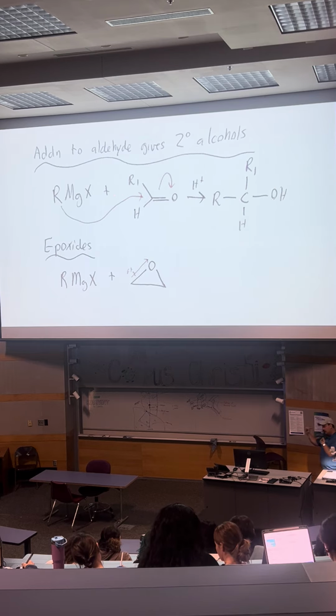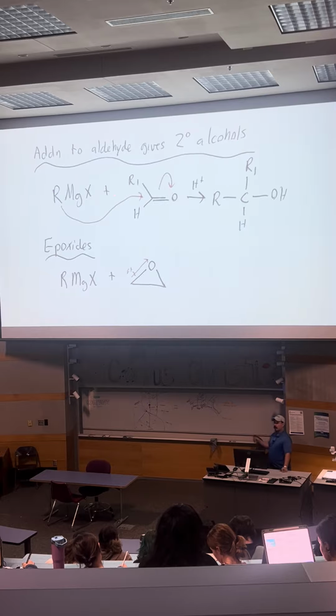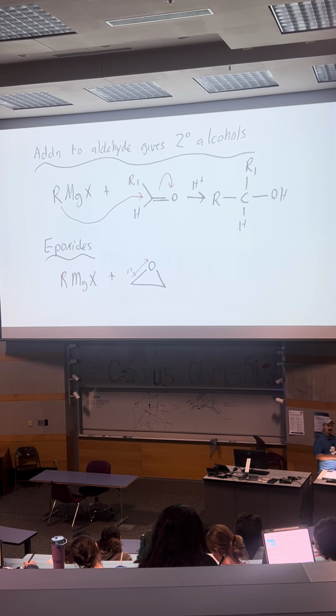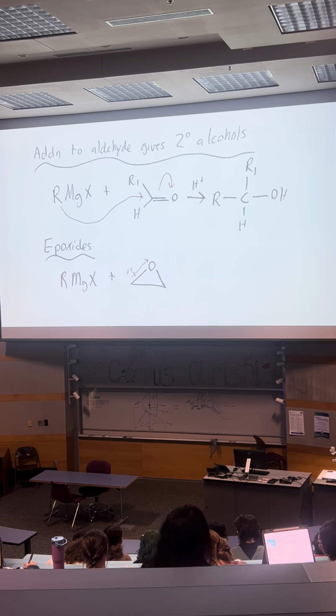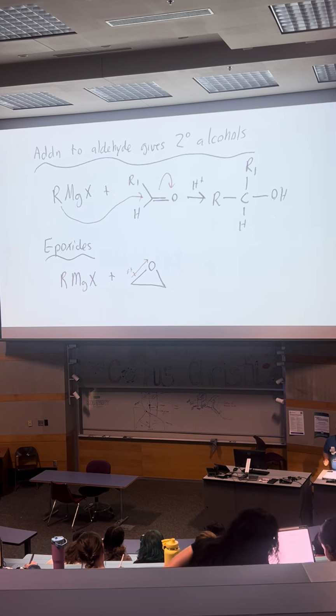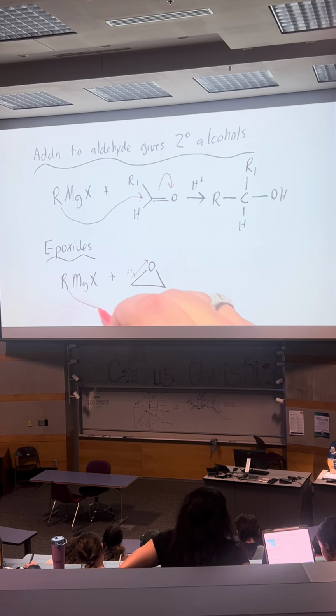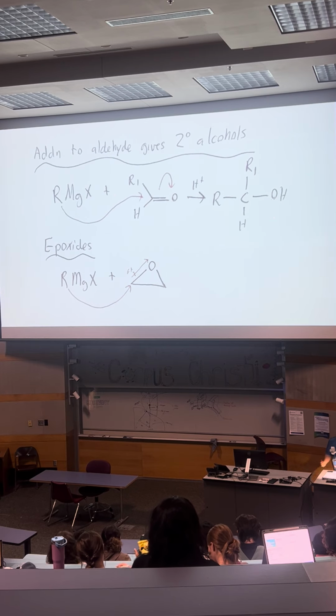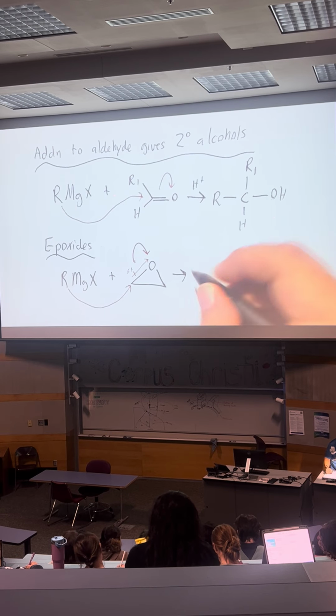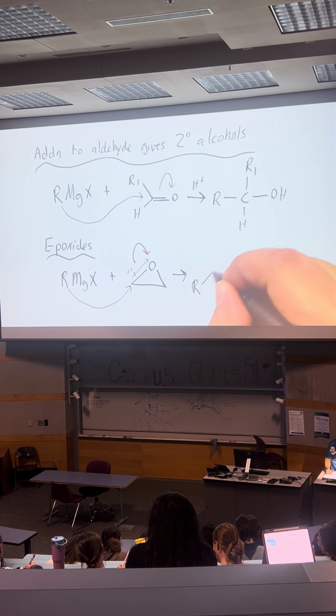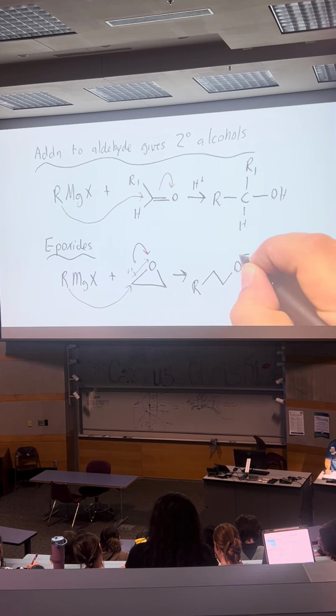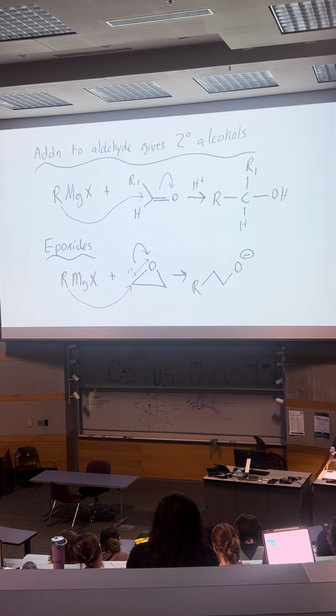the two carbons in the epoxide ring are electrophilic, which means they can be exposed to and undergo nucleophilic attack. And so the R minus will attack one of those carbons. That triggers a ring opening of that epoxide. And so once it has a ring opening, lo and behold, it's an alkoxide.